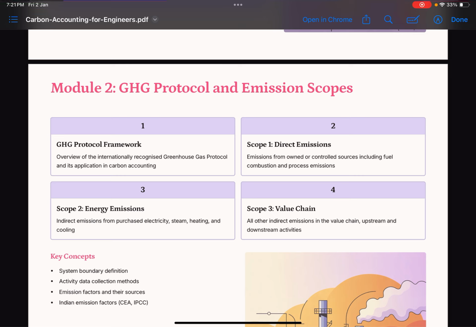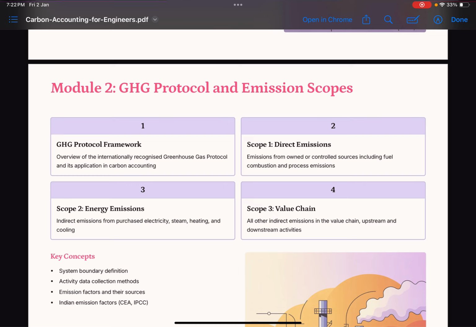Steam, maybe if steam is imported, heating and cooling. And scope 3, all the other indirect emissions, both upstream and downstream activities, would be included. It means scope 1, scope 2, and scope 3 together would be an in toto analysis of emissions.